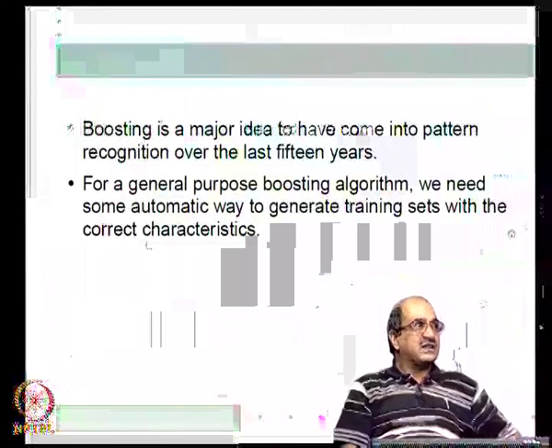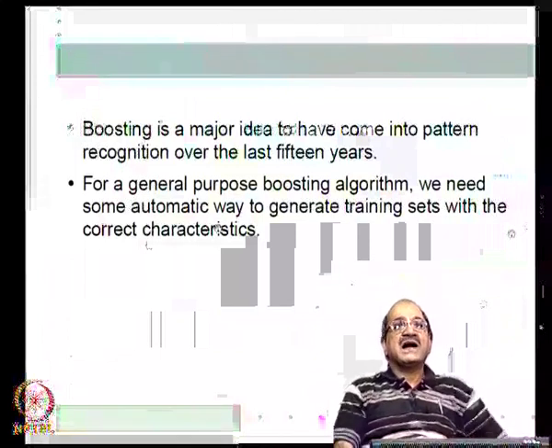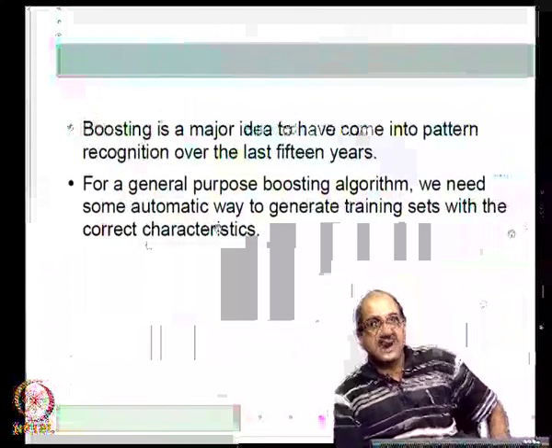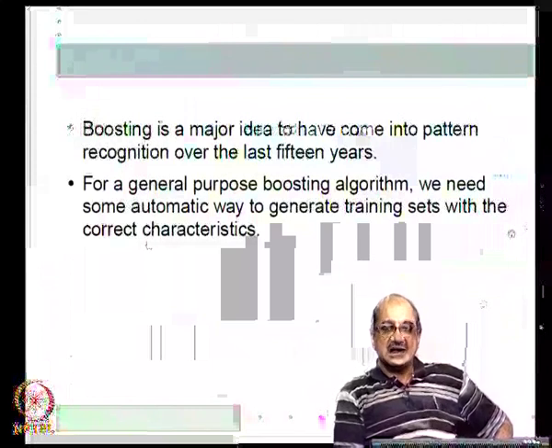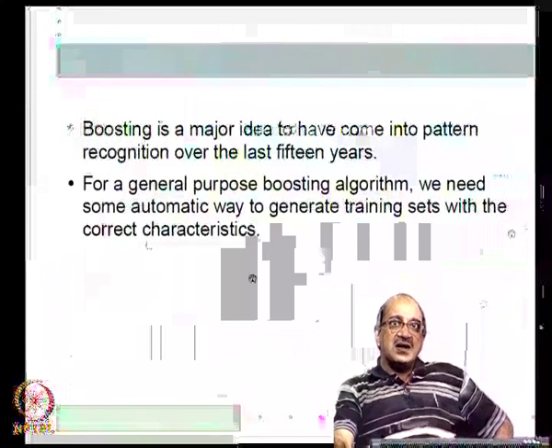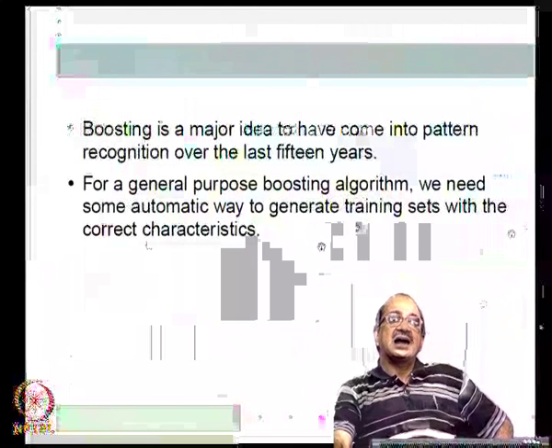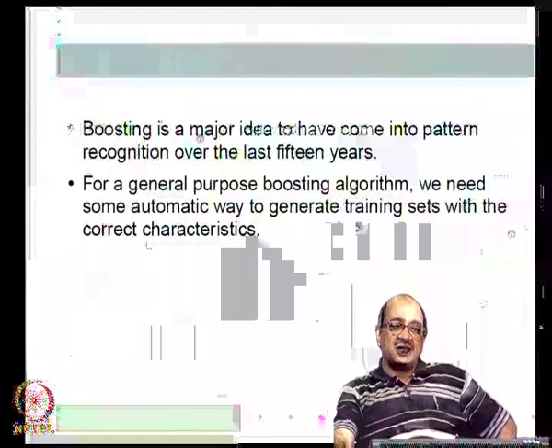So, that specialized thing is only an example to give you an idea of what I mean by choosing training data sets, so that different classifiers are trained on nicely informative data sets. But we need some automatic way of generating training sets from the given original data.